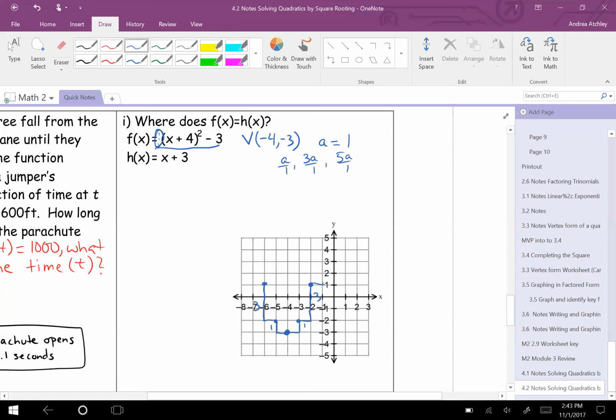Right one and up 5, left one and up 5. So this is my wonderful parabola. Any questions over that?